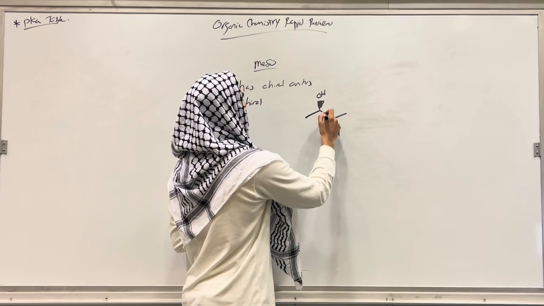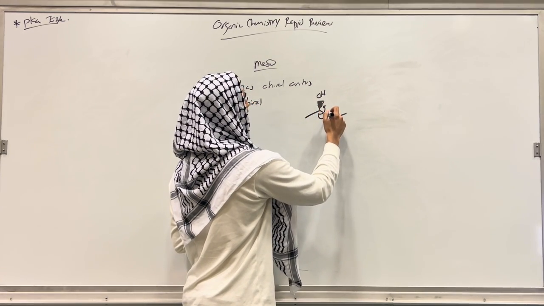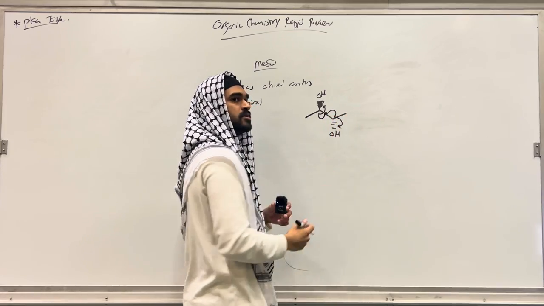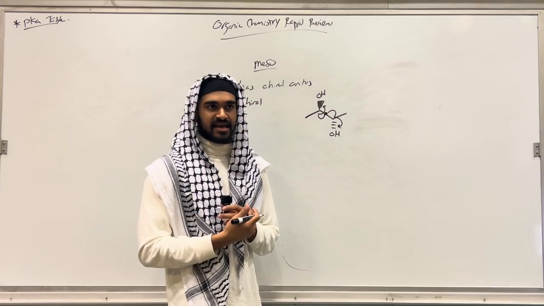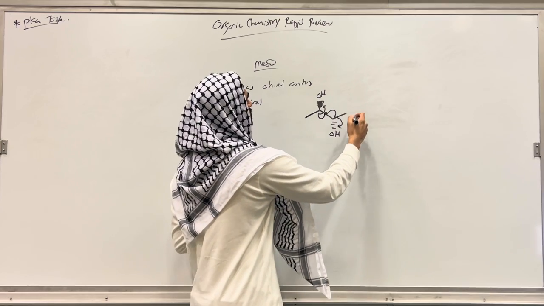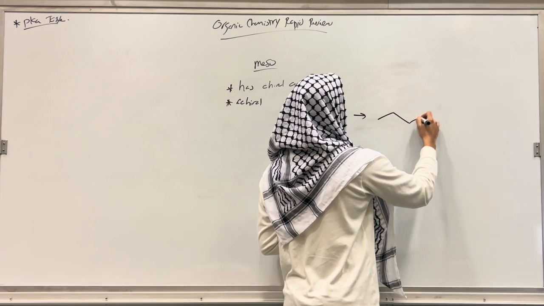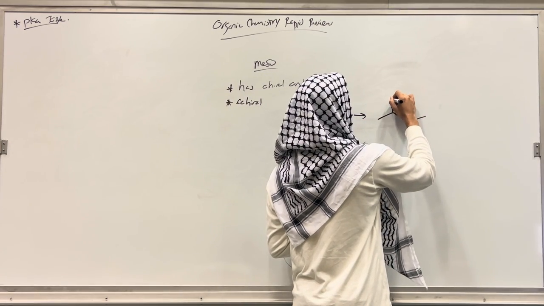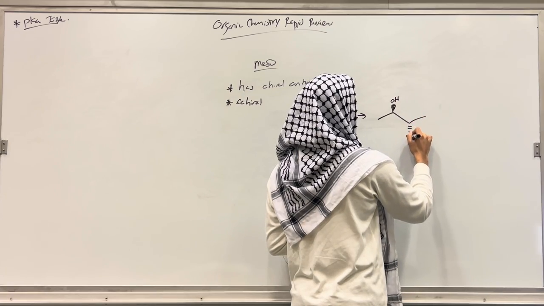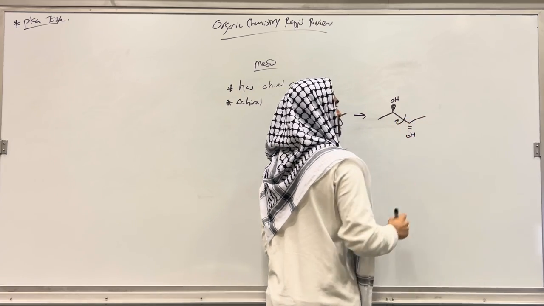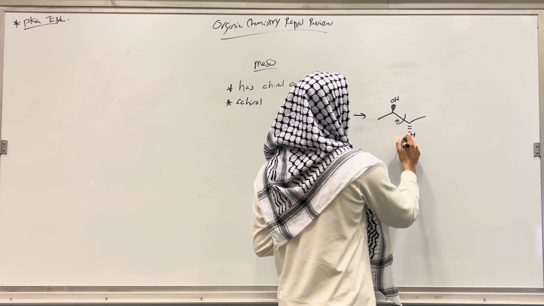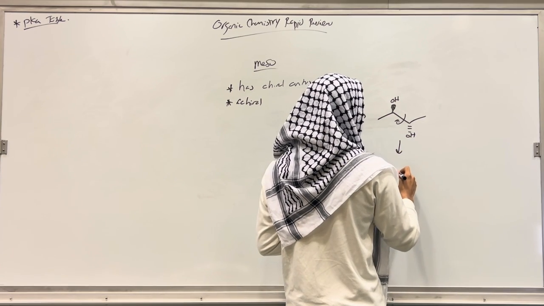Because if you go to the left and out, and if you go to the right and in, you get the same thing. Or you could rotate this. You could take this compound and say, I know there's free rotation about that bond, and you can make it look like this.